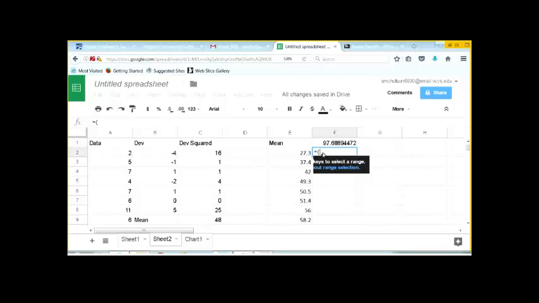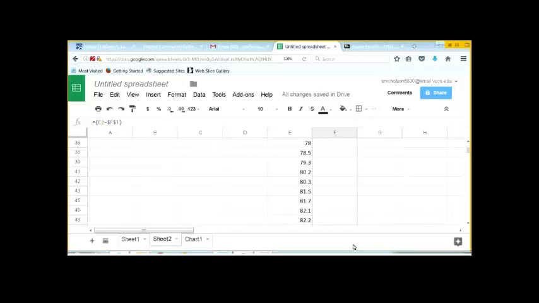This column, if I did the deviation, all I'd have to do is take this number and subtract that number. And I get negative 70.3. And then I could copy that down all the way to the bottom. Copying is easy.